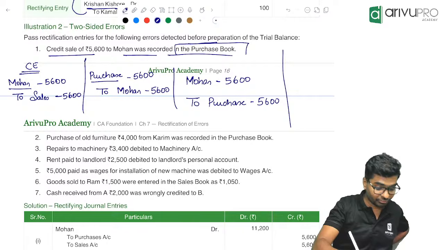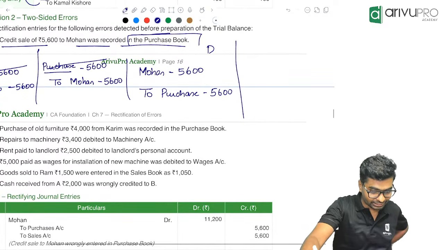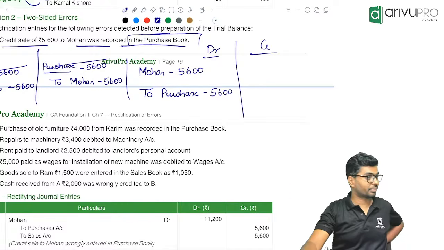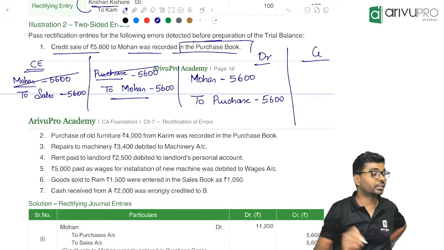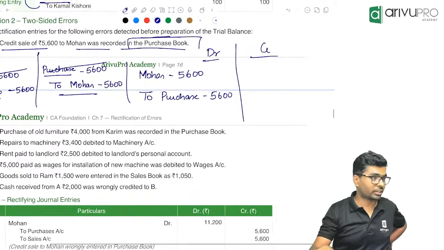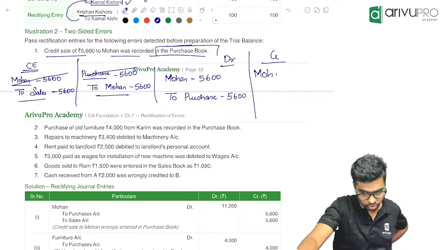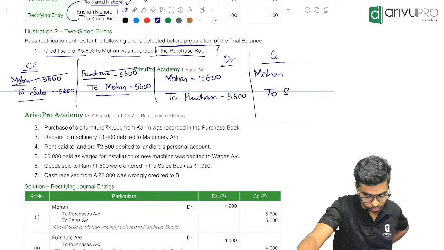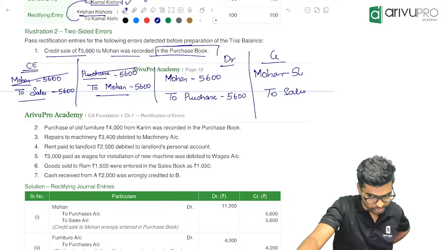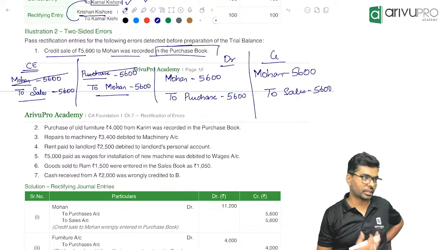This I have rectified. Now I will rectify the credit. Who's credited? Who should have been credited? How do you rectify it? Mohan to sales 5,600, 5,000. Are you clear?